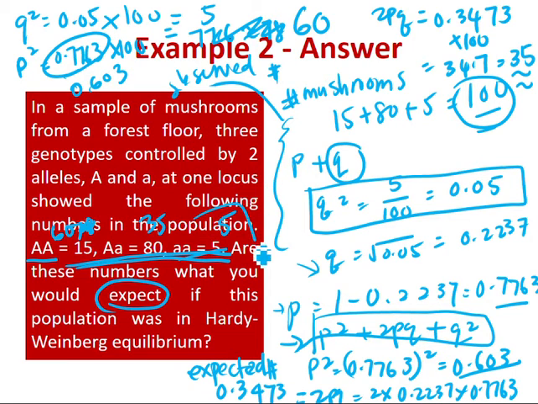So 5 doesn't change. You compare the observed with what you calculated. 5 and 5 don't change. But for heterozygous you get 35, while the observed is 80, so it changed. This one is the same, this one doesn't change, this one changes. And then when you calculate P squared, you get 60, but the observed value is 15, not 60, so this also changed.